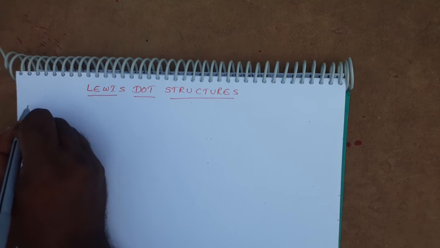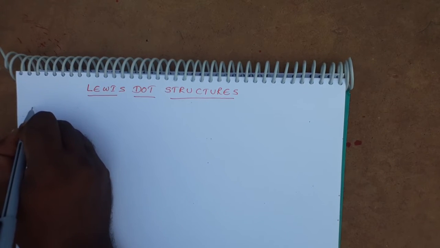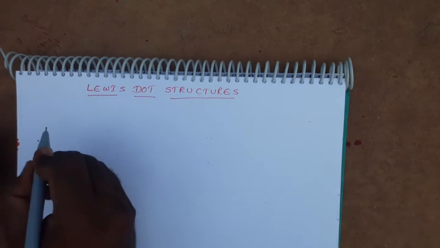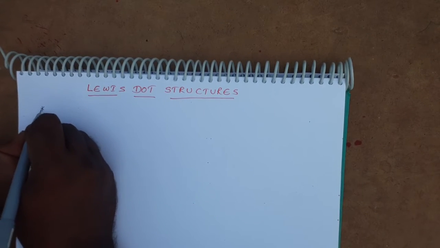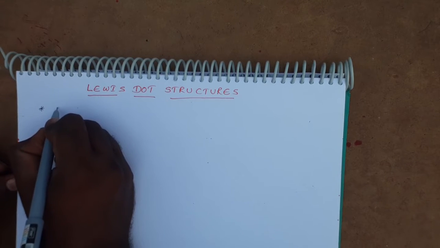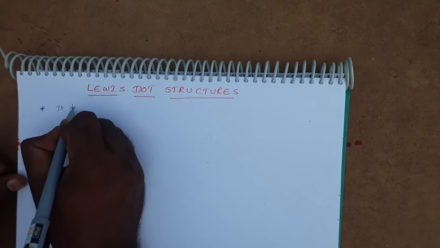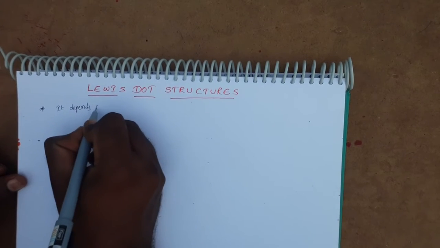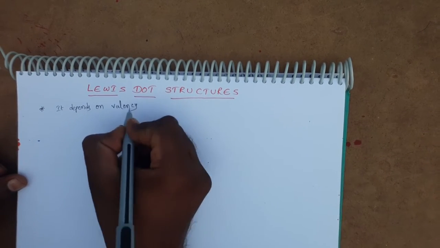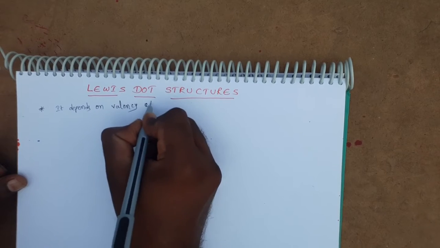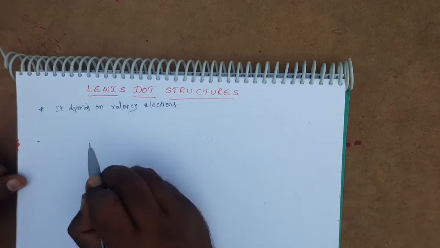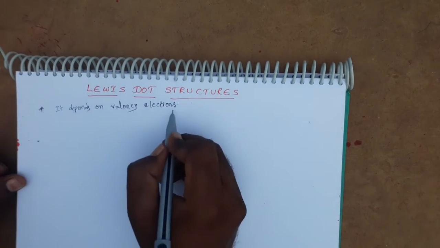Before we write Lewis dot structures, we can follow some points. That is, it depends on the valency electrons of an element.